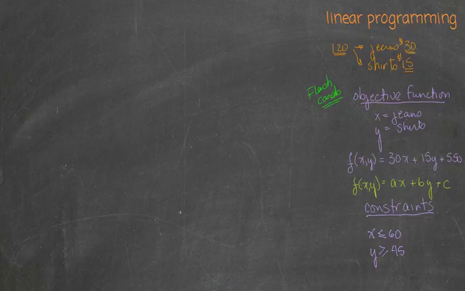Okay, so let's just start working on some problems to see how to work with linear programming situations first, and then we'll do a couple of examples that show in the real world how it's used.